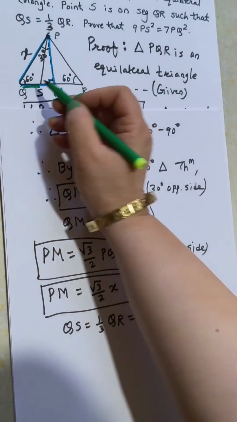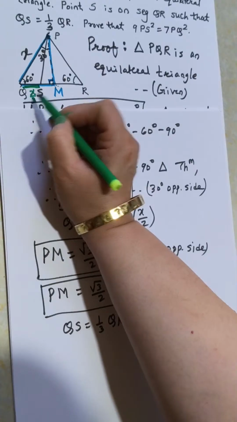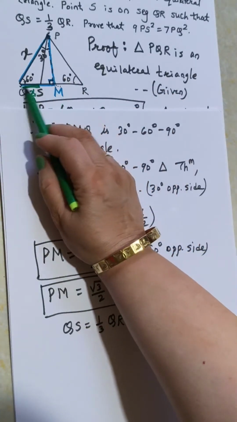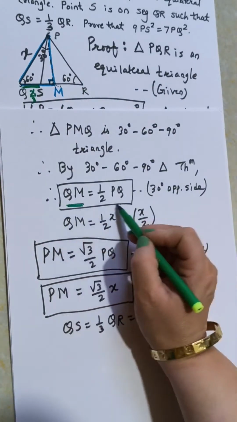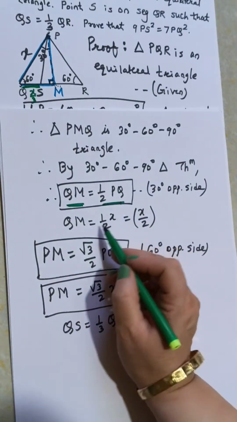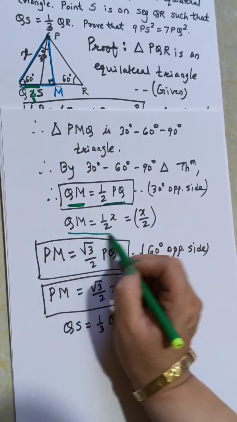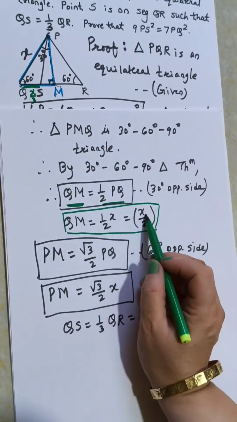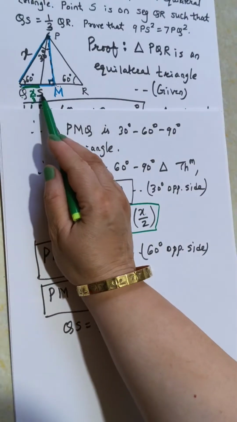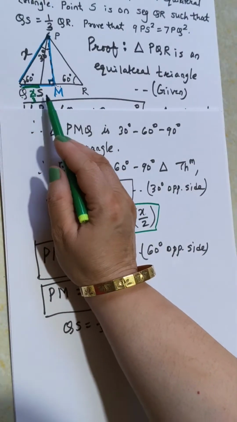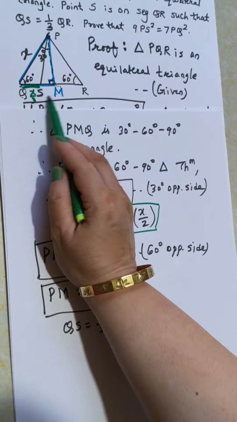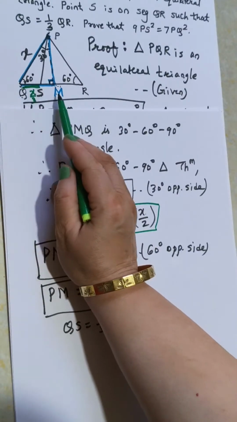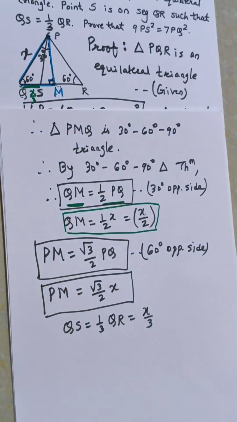This QS is X upon 3. And just now I got QM also, that is X upon 2. This QM is X upon 2 and this QS is X upon 3. So by using this we can find out SM. Everybody is getting it? Yes, definitely, because this sum is also lengthy and it is taking time.